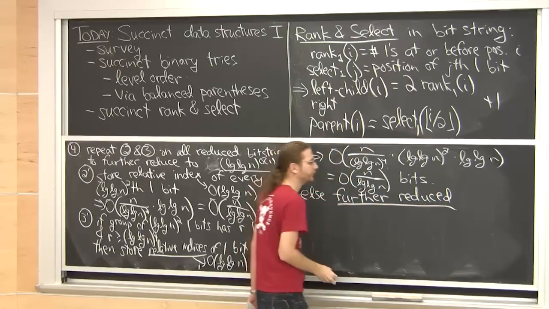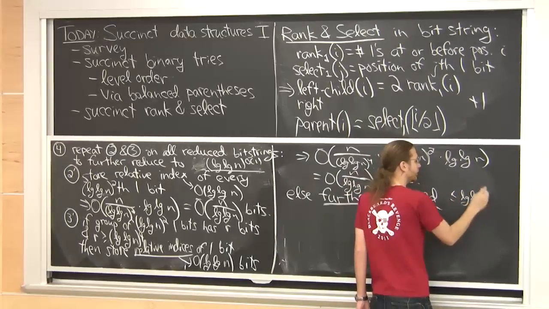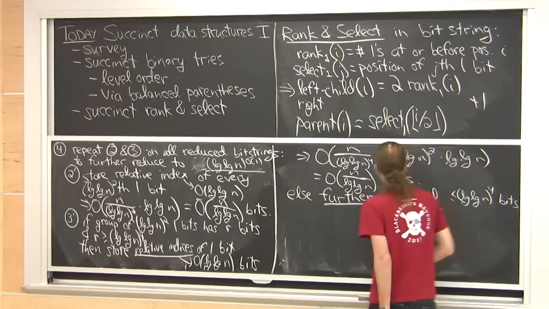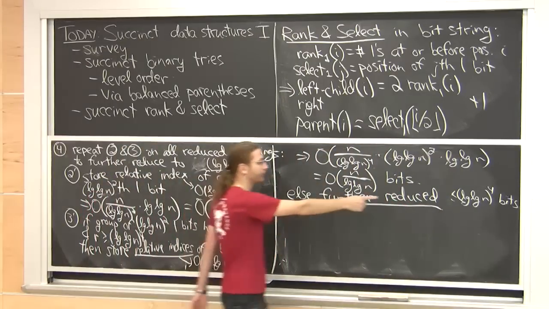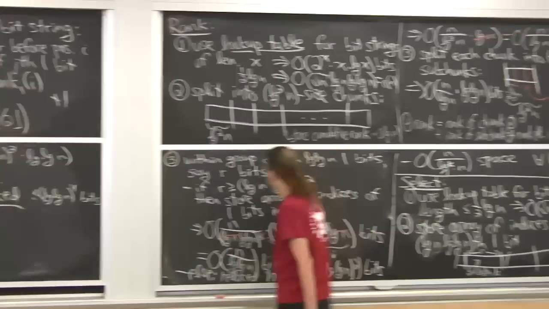When you're further reduced, you have at most (log log n)^4 bits, and at most (log log n)^2 of them are 1 bits, but we don't really care about that. Once we're down to a bit vector of polylog log size, we can use our lookup table, and we're done.